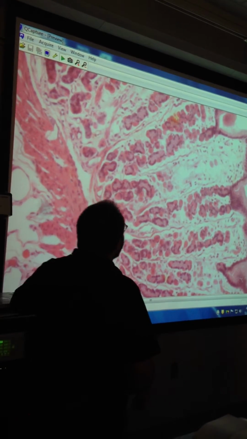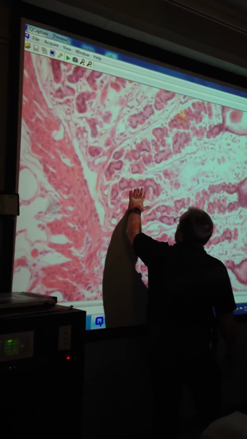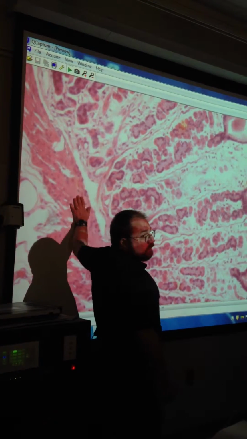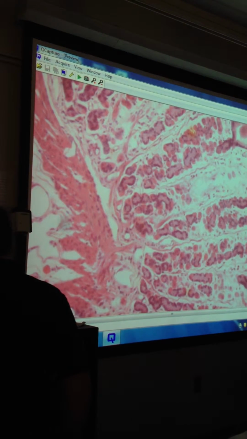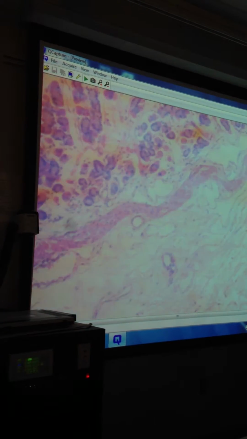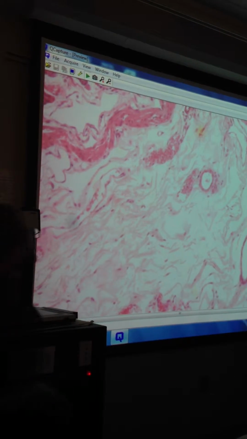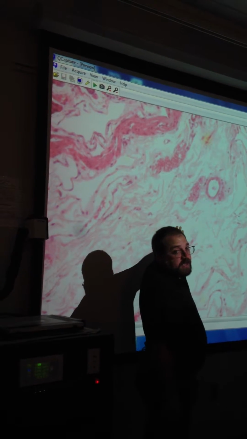All right. So these are all gastric pits, gastric glands, and then what's this? That is the muscularis mucosa. Good. And then we work our way inward, and we can see all this connective tissue in the middle there. If that's muscularis mucosa, which layer does this have to be?